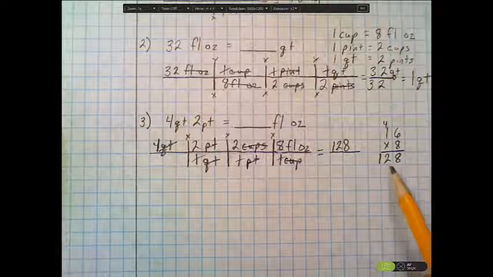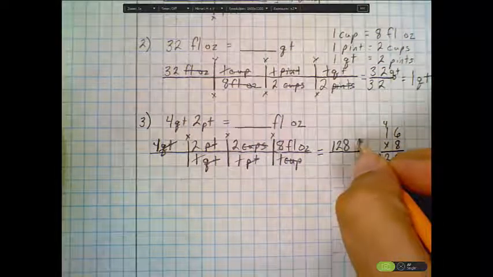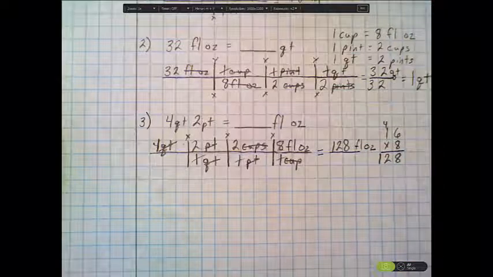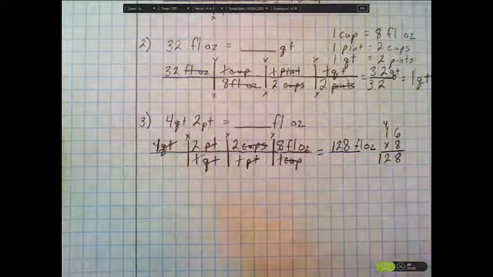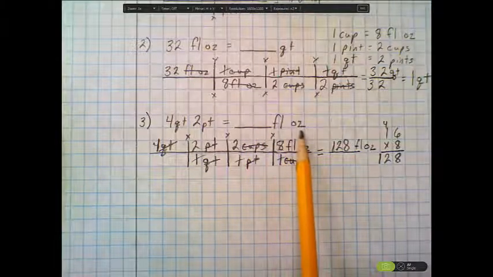So we have 128 on the top, and then we're going to keep our units, fluid ounces. And then there's nothing on the bottom. So 4 quarts is equal to 128 fluid ounces.